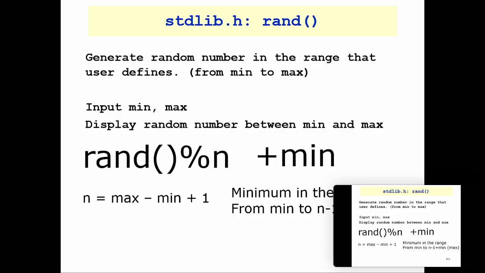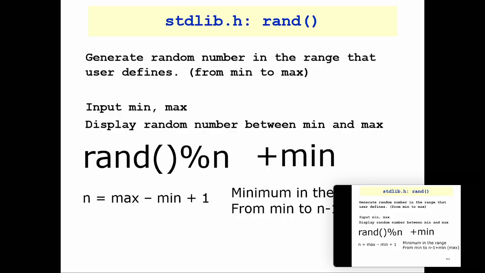Then sometimes you want to generate a number from some specific number like 10 to 99, for example. So in that case, what is n? 10 to 99. Then how many numbers do you have? 99 minus 10 plus 1, because you need to count 10 as well.